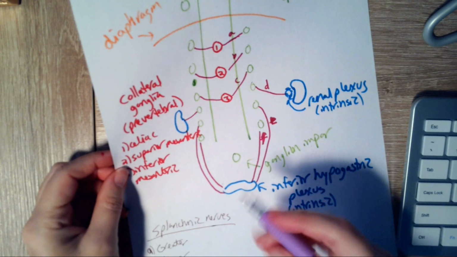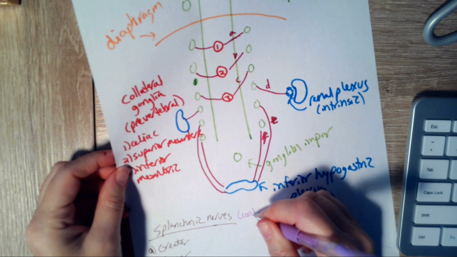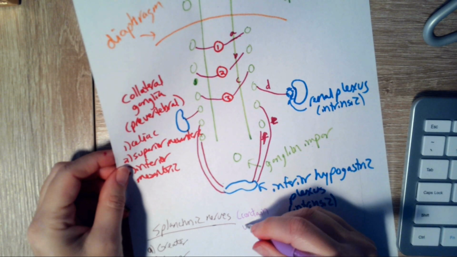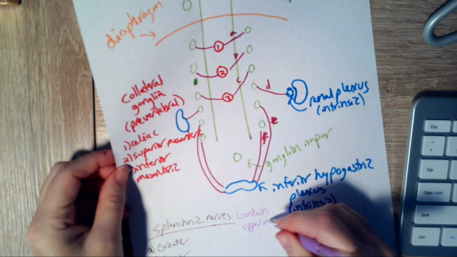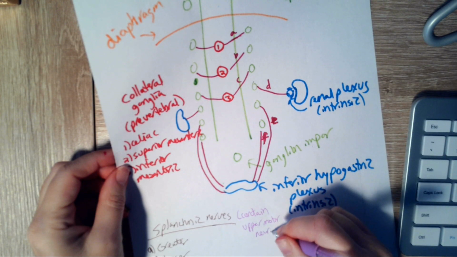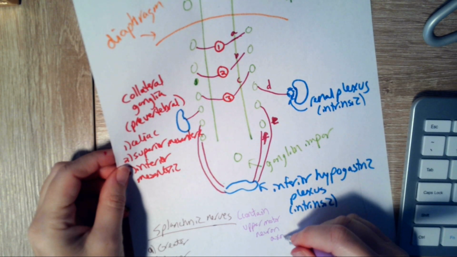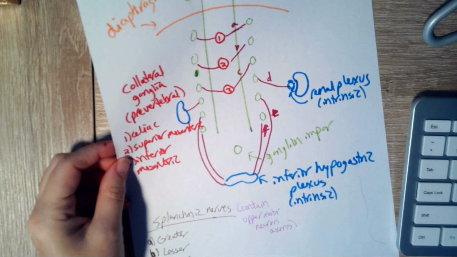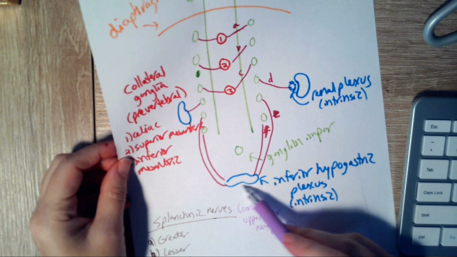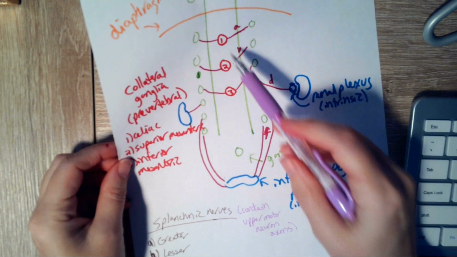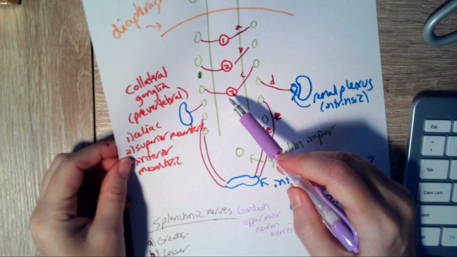They are containing axons for upper motor neurons, and those axons for those upper motor neurons are going to meet up with their lower motor neuron, maybe in the inferior hypogastric plexus, maybe in one of these collateral ganglia.